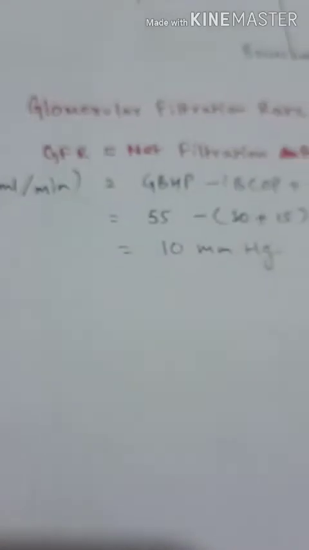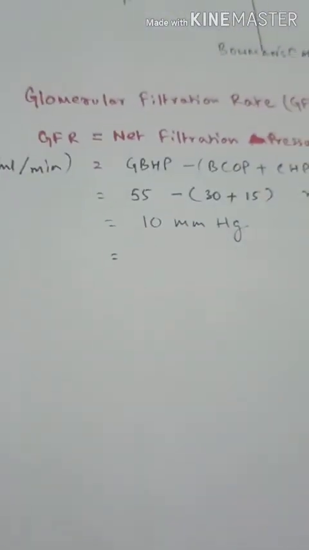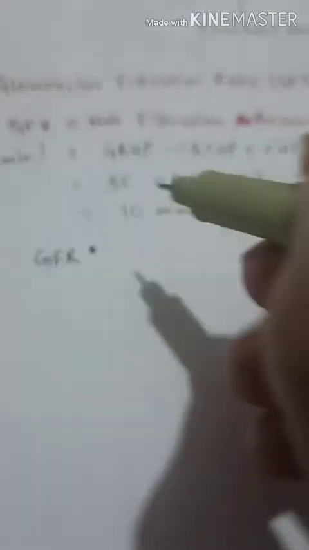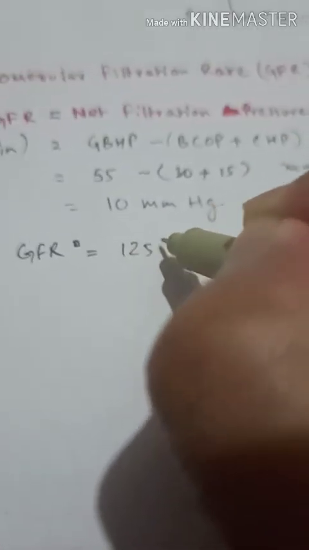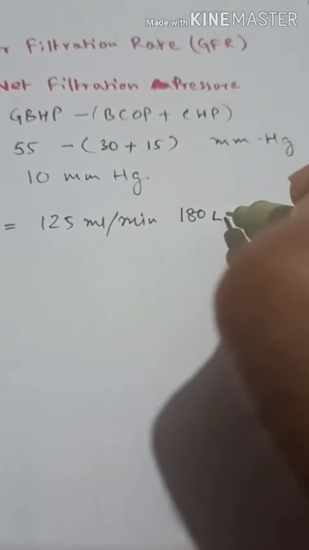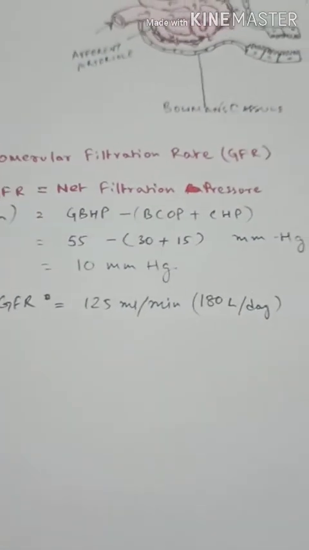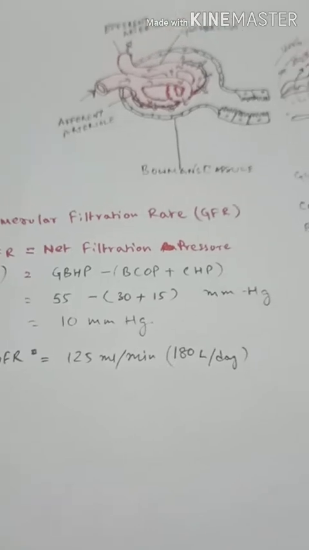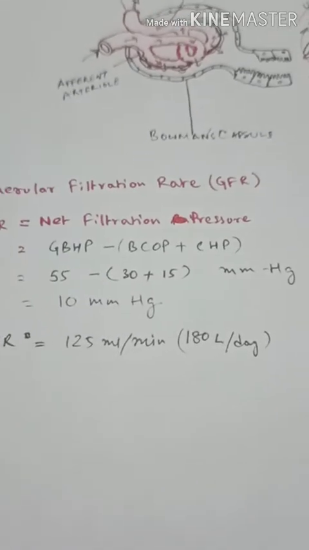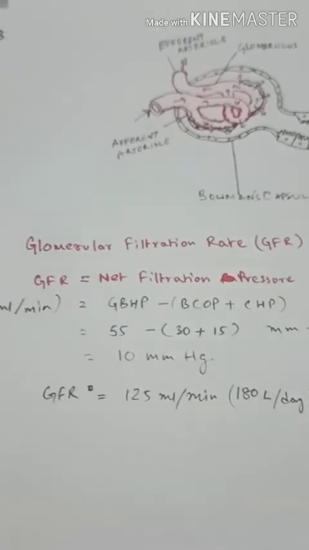From there we can calculate that every single minute the glomerular filtrate is around 125 ml per minute, which is 180 liters per day. That is the amount of filtration going on every single day. Per minute 125 ml of filtrate is being produced. So this is the entire process, how we can find it out.